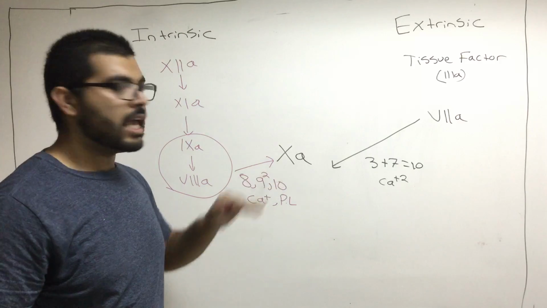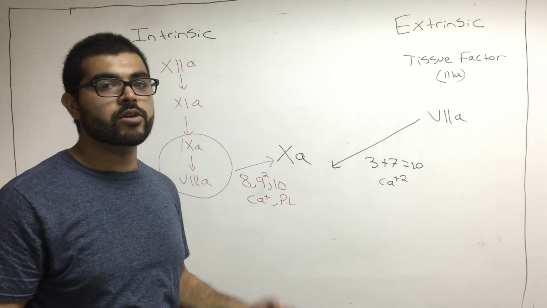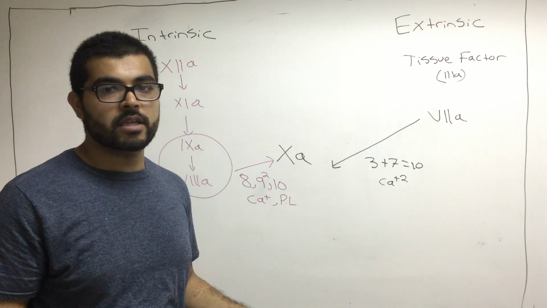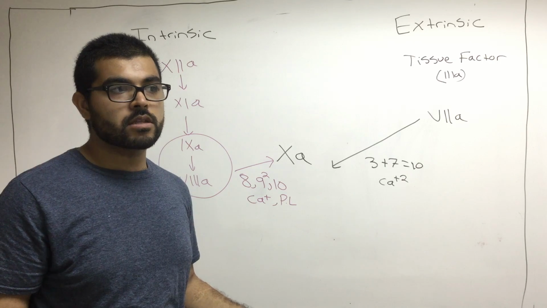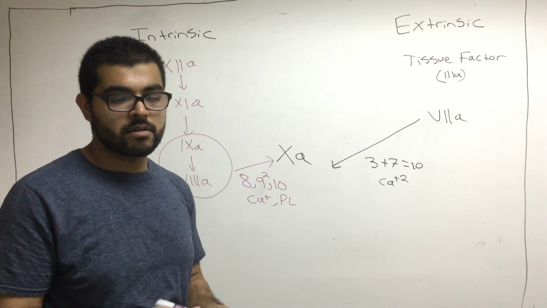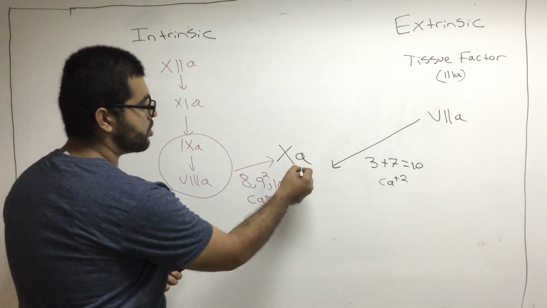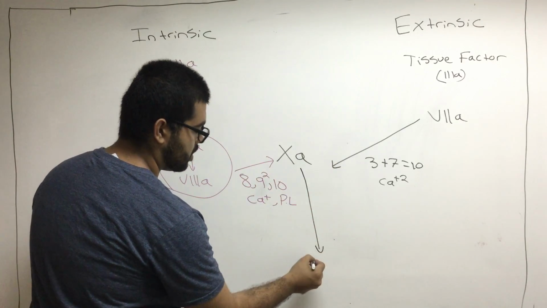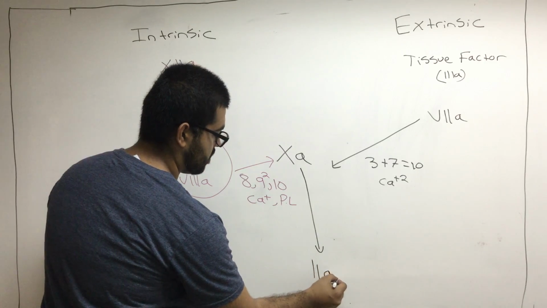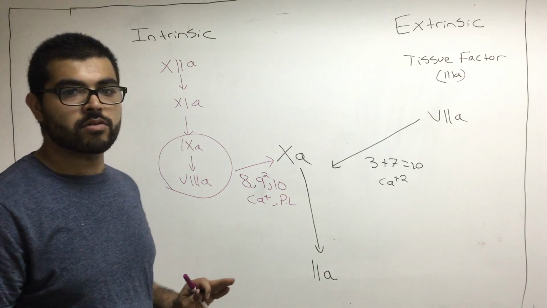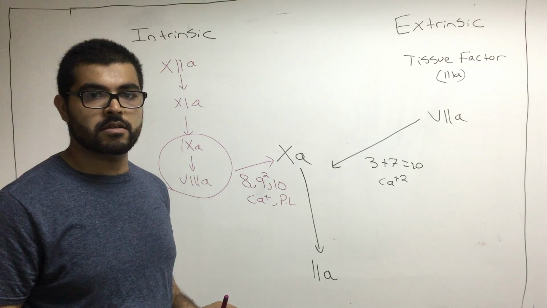Once you have factor 10A, then you have to make your prothrombin complex, right? So what's thrombin again? Thrombin is our factor 2, 2A. So we have to go from 10 to 2A. That's our main goal, right?